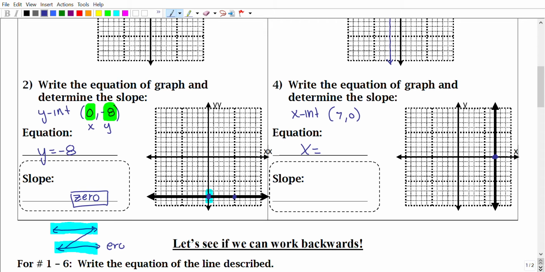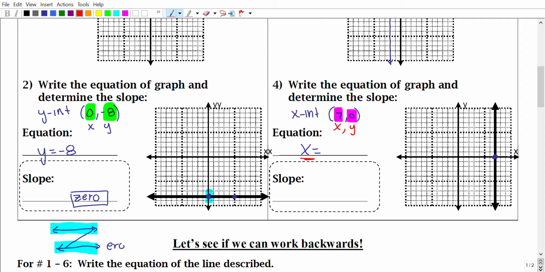So, which one of those two numbers do I have to use? Well, let's think about it again. Should I use the 7 or the 0? Well, just like before, this is my x-coordinate, this is my y-coordinate. Which one am I interested in here in my equation? I'm interested in the x.